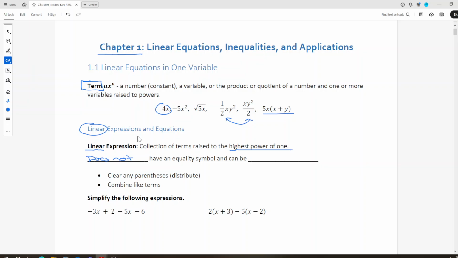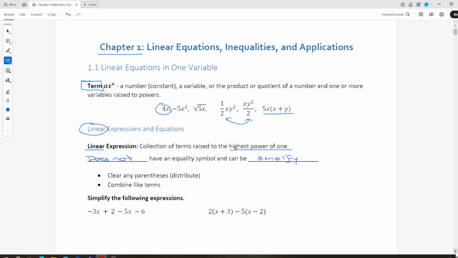And that means that you can't solve it. The only thing you can do with an expression is simplify. What does simplify mean? Well, it's things like clearing any parentheses. It's combining like terms. It's performing the operations that you can perform without actually solving for a value of x.